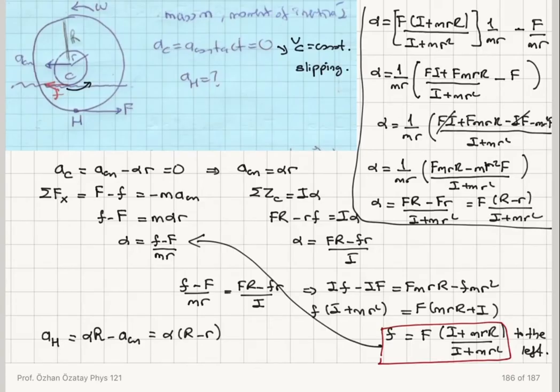Okay, so it will be F times R minus r over I plus mr squared. So I can substitute this here. So this will give me alpha times R minus r. So it's F times R minus r squared divided by I plus mr squared is the acceleration of the point H.